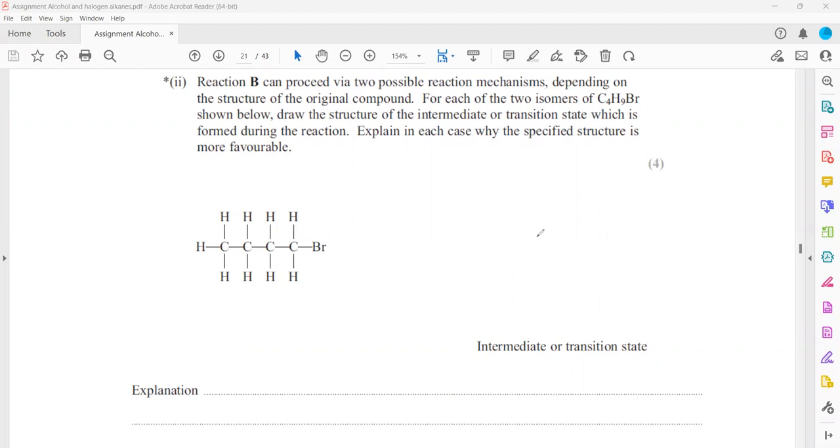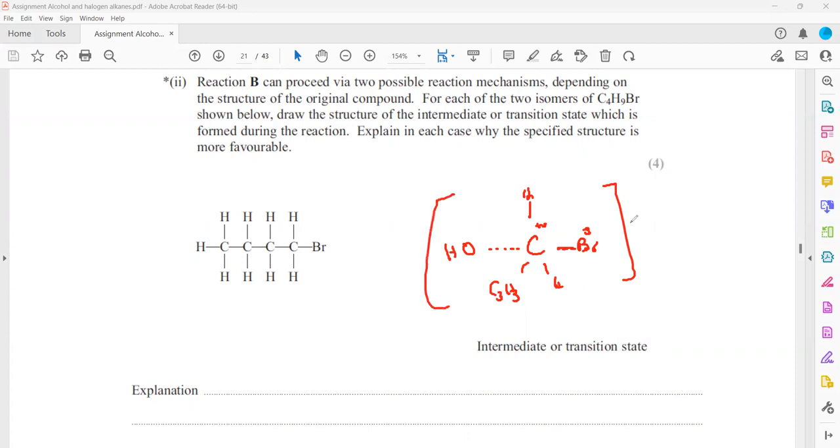So this carbon which is having a Br has partial positive, partial negative, and it has two H, and then a carbon chain of 1, 2, 3, so C3H7. And then this will be the intermediate, where bond breaking and bond forming take place at the same time.